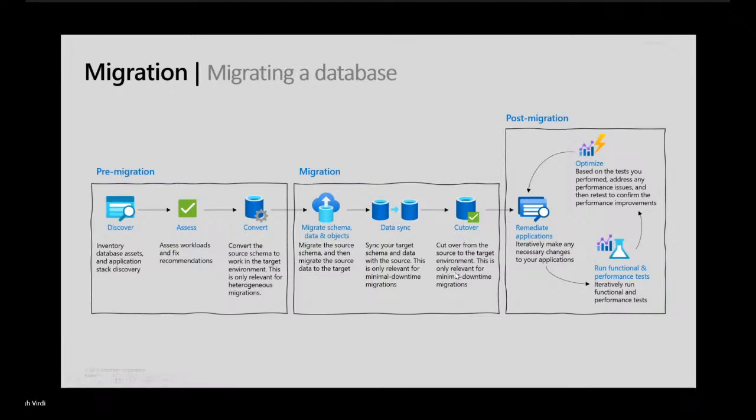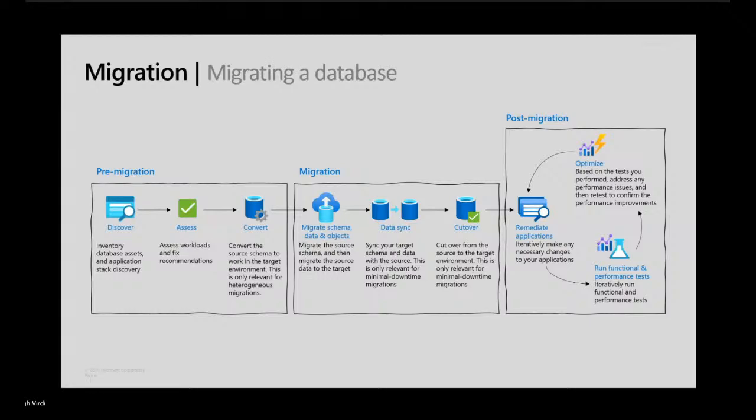Whenever we are migrating, we follow these three major steps, wherein there is a pre-migration done, where essentially what we do is we do the inventory of all your database assets. We identify what application stack you are running on.